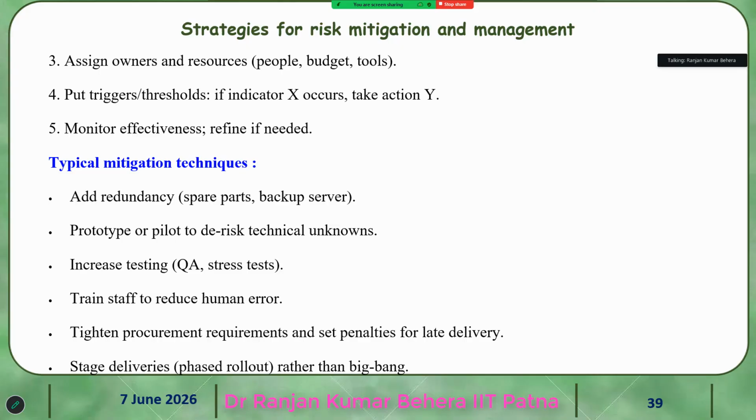Assign owners and resources: people, budget, tools. Put trigger thresholds: if you see X occur, take action. And monitor effectiveness, refining if necessary. So monitoring the project at each stage is also very important.